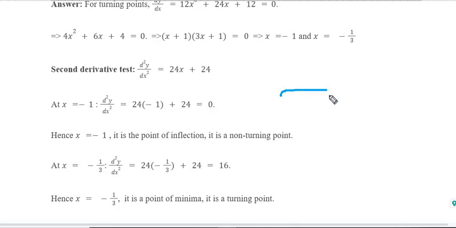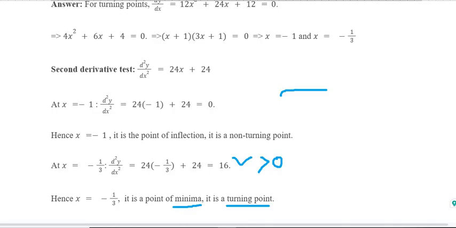Now what happens in the case of minus 1/3? We go for the second order derivative and put x = -1/3: 24 times minus 1/3 plus 24 is equal to 16, which is greater than 0. The second property says that if the second order derivative is greater than 0, you will get a minima at that point. So this is a turning point, and it is a minima.